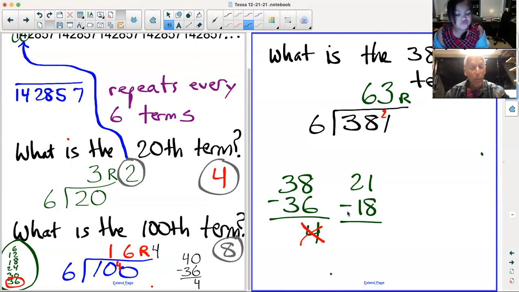You think that 21 minus 18 is 12. Yes. Tessa, can you please check that answer? Because that doesn't make any logical sense to me, but I'd like you to check it. Oh, sorry. I mean, it makes 2.